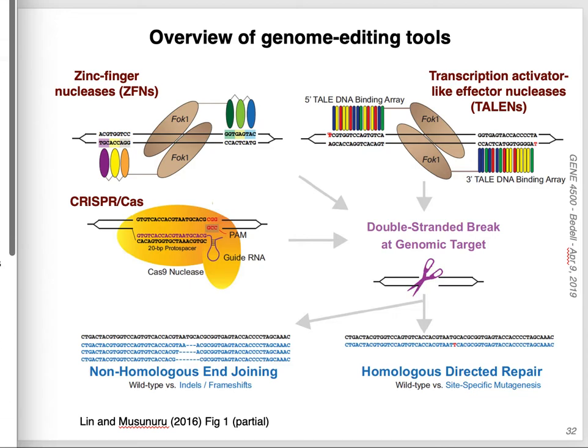Okay, that's a good question. It's not the NHEJ itself. This is the naturally occurring DNA repair system, and it's used in eukaryotes most of the time to repair double-strand breaks, like by X-ray irradiation. The unintended downstream effects have more to do with the lack of specificity of any of these three targeted events.